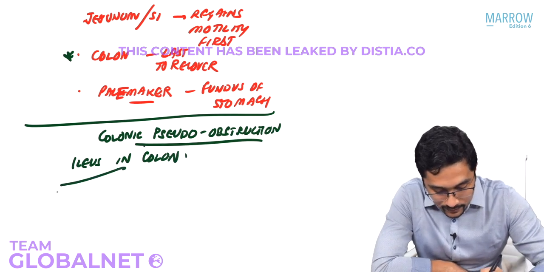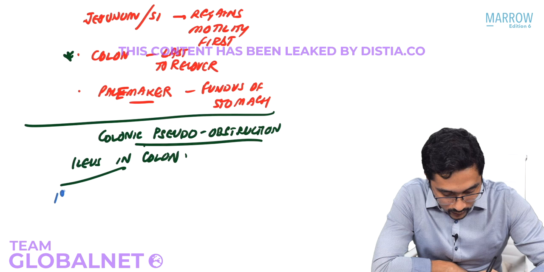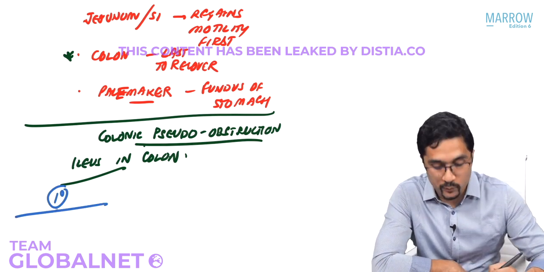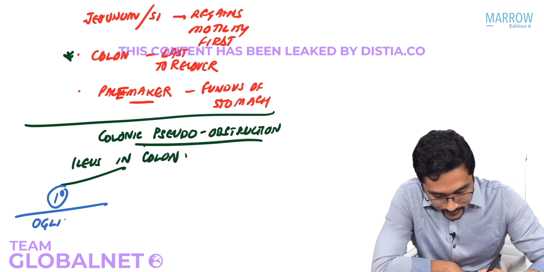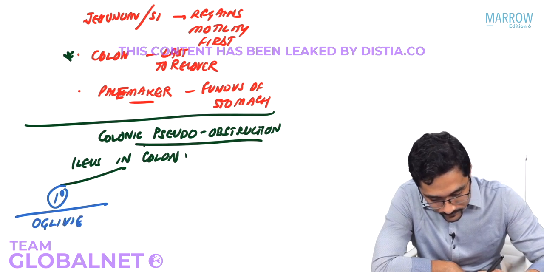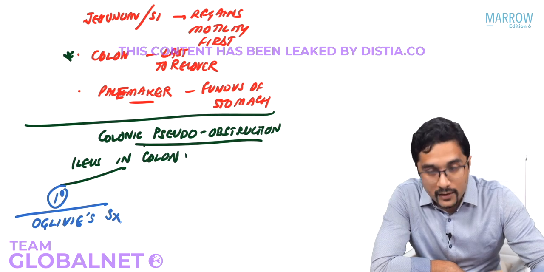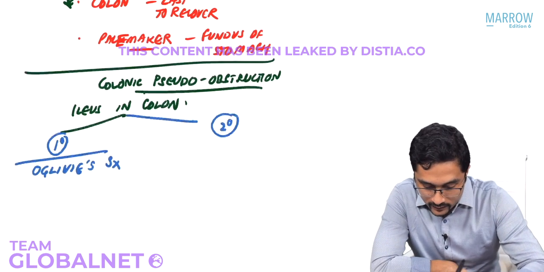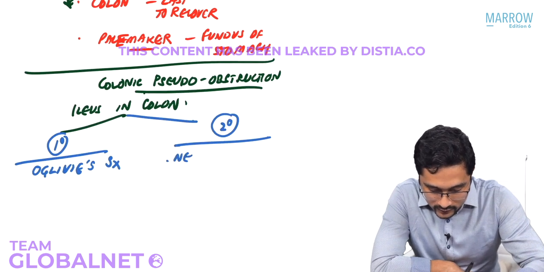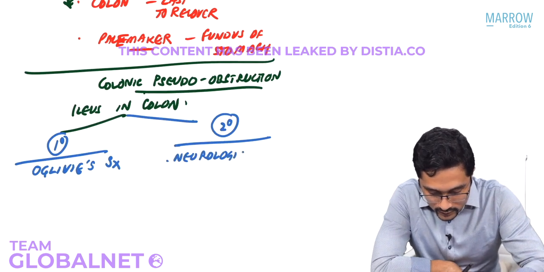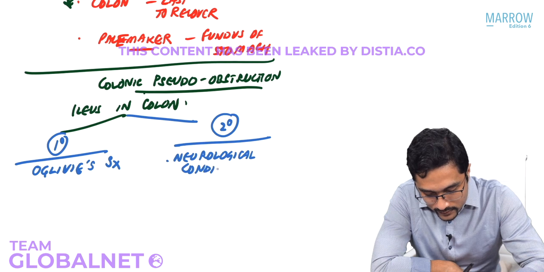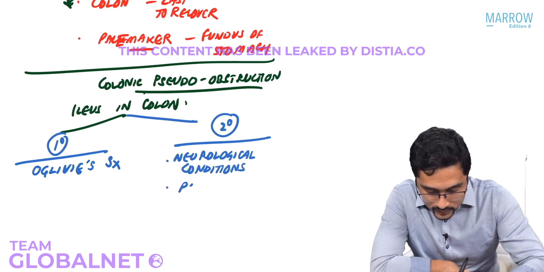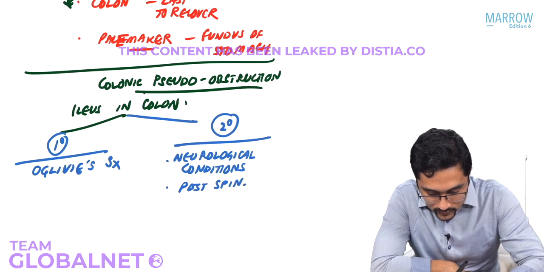And this can either be primary colonic pseudo-obstruction, which is without any predisposing factors, known as Ogilvie's syndrome, or it can be secondary to neurological conditions like Alzheimer's, Parkinson's. It can be seen post-spinal injury.